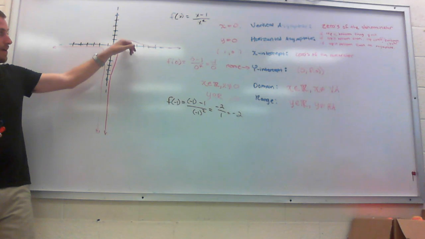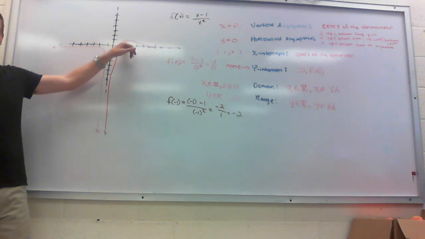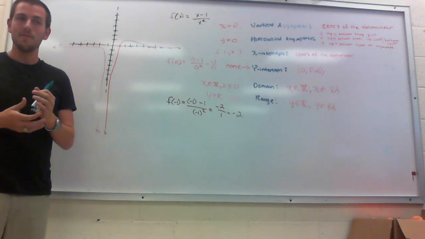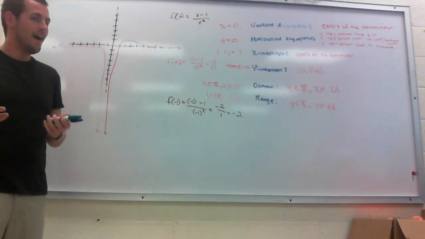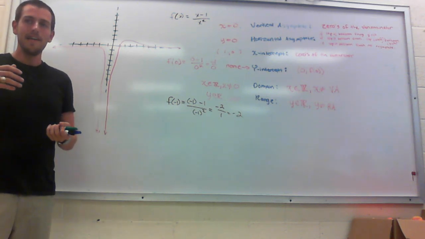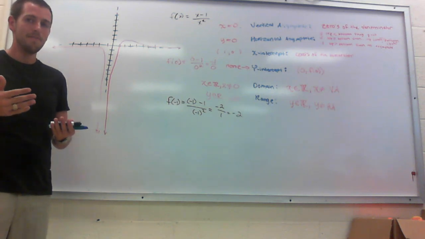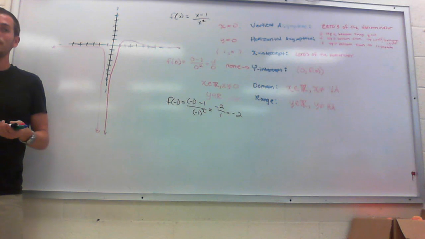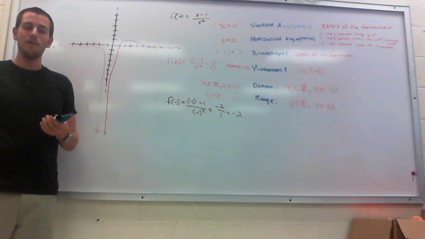The question then becomes, how high does this hump go? As this series of rational functions is geared towards pre-cal, that's a question that's going to either have to look at a table of values, which we do not have if we don't have a calculator, or it's going to use what's called a derivative test, which we do not know in pre-cal.